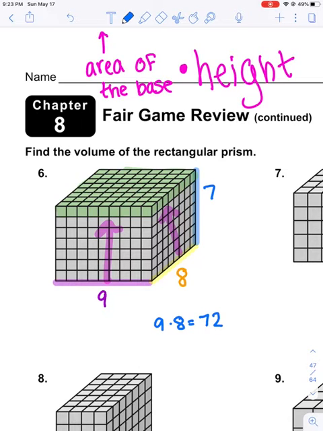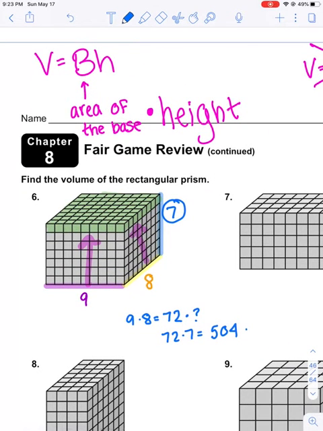Now, how many times does that green layer repeat? In other words, I have to multiply 72 by something, and then that'll be my final answer. How many times does that green layer repeat in this overall figure? 7 times. So I have to do 72 times 7, and that equals 504. And then there's no units, so we just say units cubed.